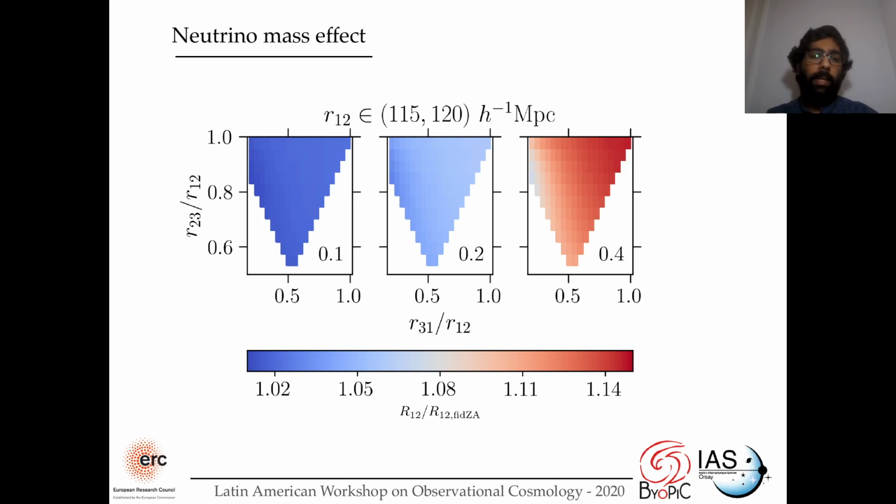The left panel shows a neutrino mass of 0.1 eV, the middle panel 0.2 eV, and the right panel 0.4 eV.